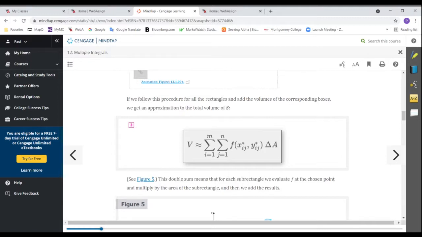So this is a very crude way of approximating the volume underneath the surface, right?